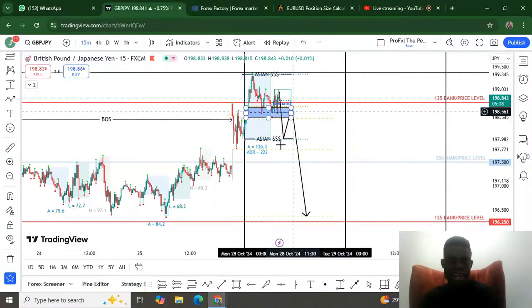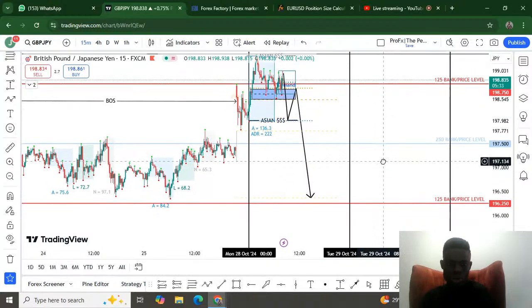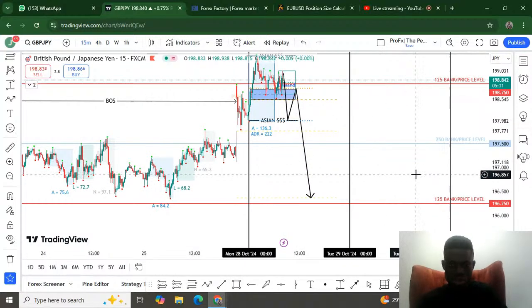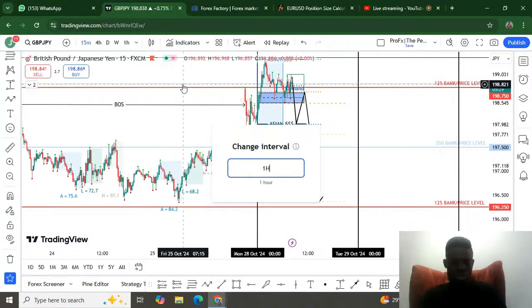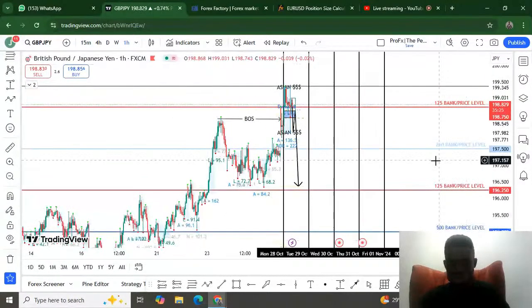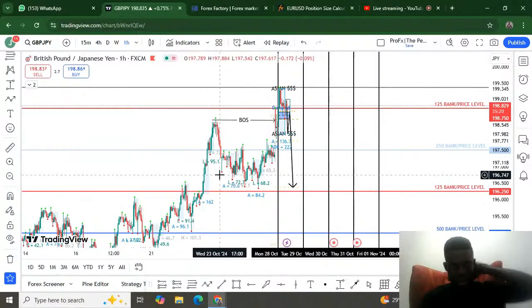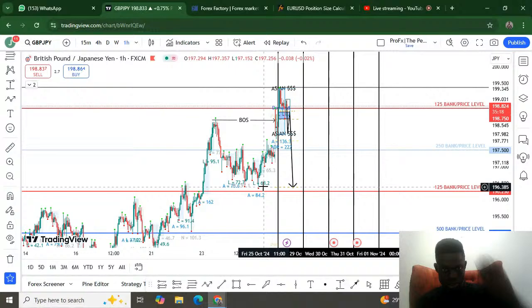So today my likely bias is sell, which is going to be accumulation. Then tomorrow manipulation, right? Then Thursday into Friday distribution, because we are still buying. Can you see the structure on 1 hour? We are still buying.